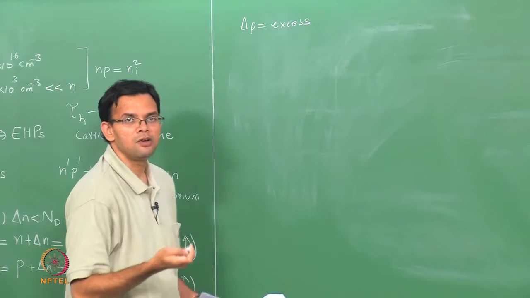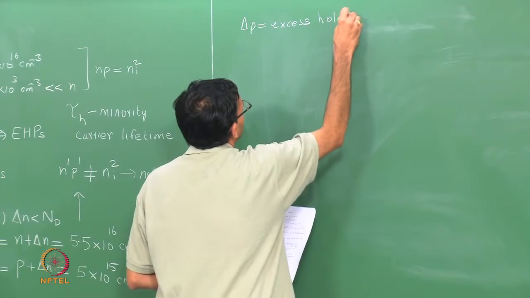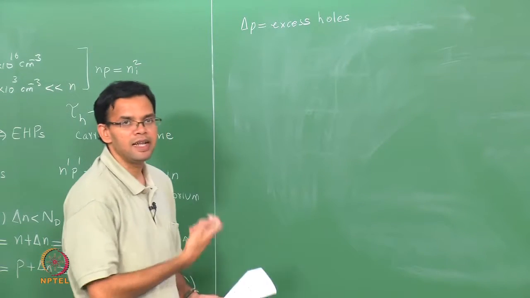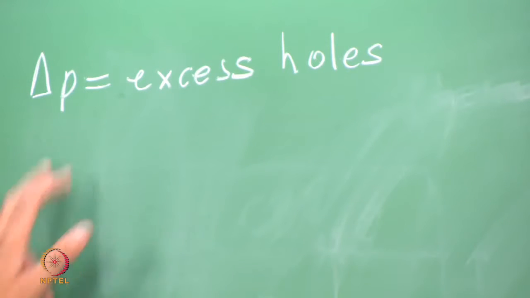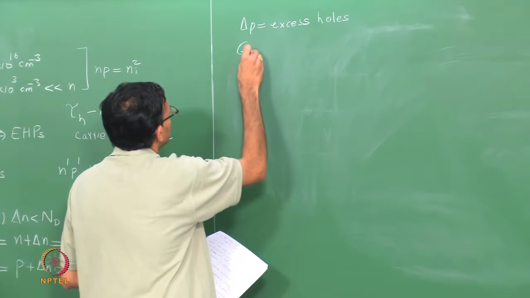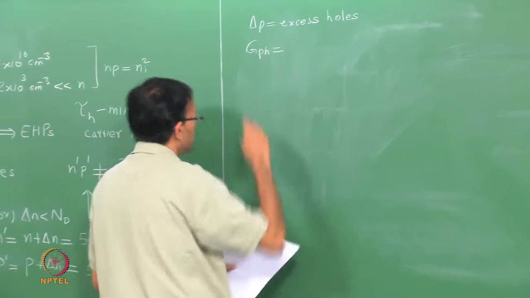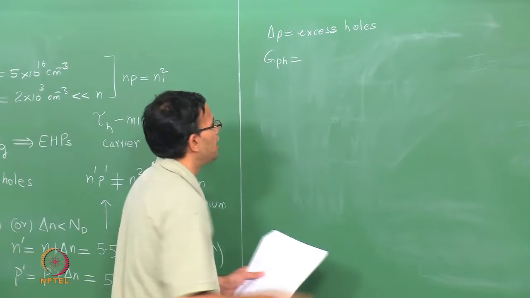We are still looking at an n type semiconductor, but if you are looking at a p type, then it will just be delta n. So, let delta p be the excess holes that are created, and let Gph be the rate of generation of electron hole pairs.